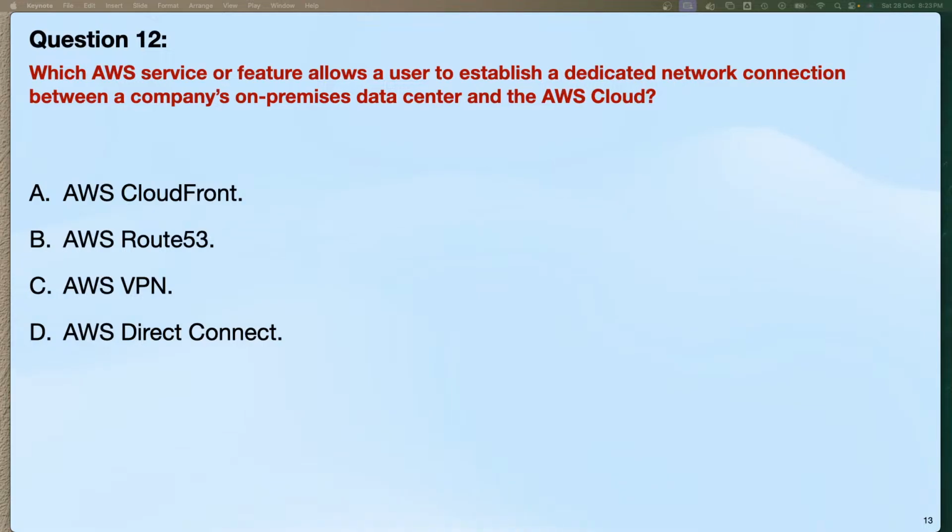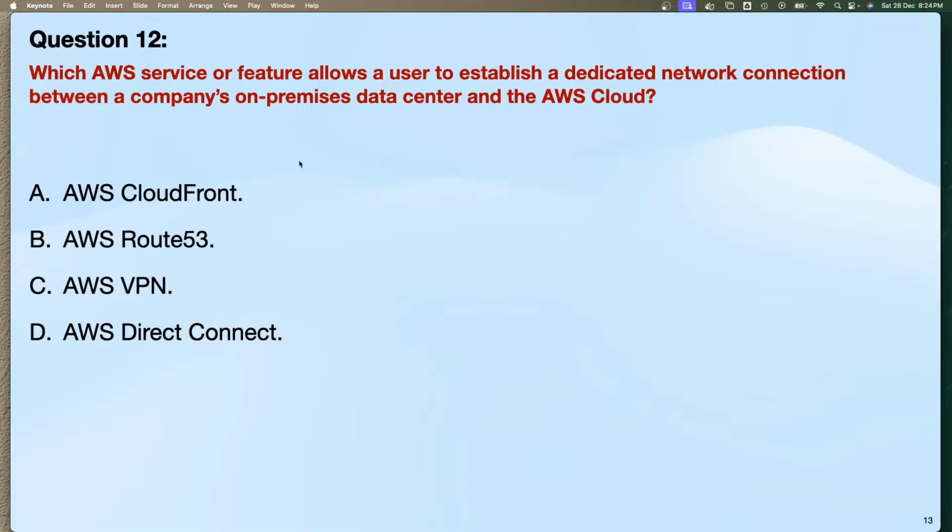AWS VPN is a virtual private network connection between your on-prem data center and AWS cloud. But what they are asking for is a dedicated network. VPN is not dedicated. VPN is over the internet, it just encrypts the tunnel of the network. Remember the answer here is D, Direct Connect.